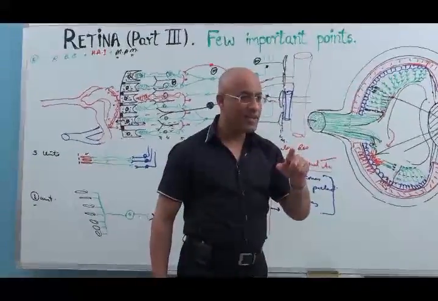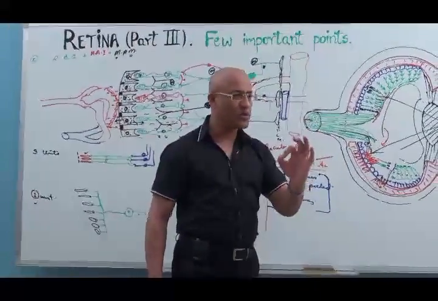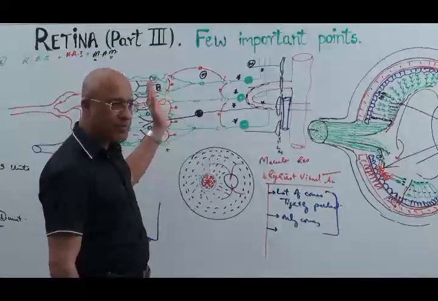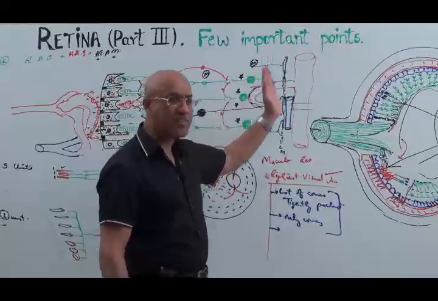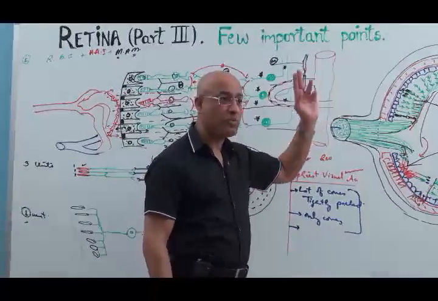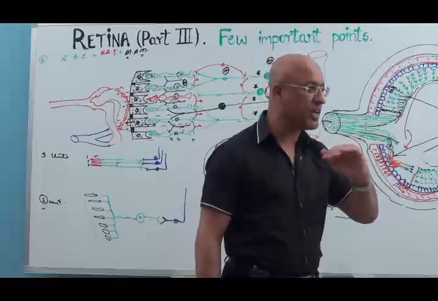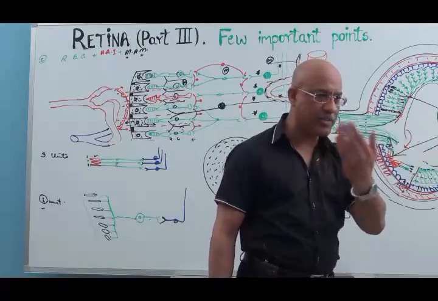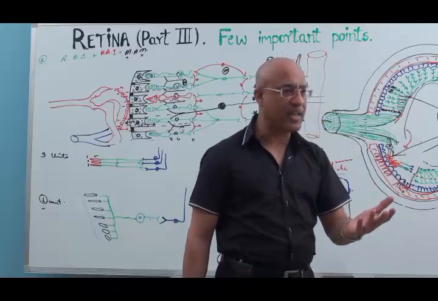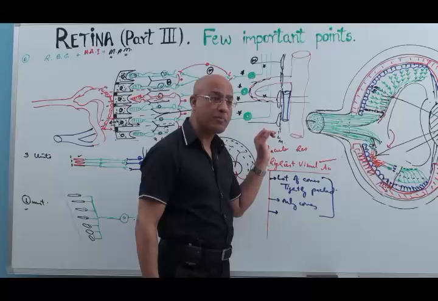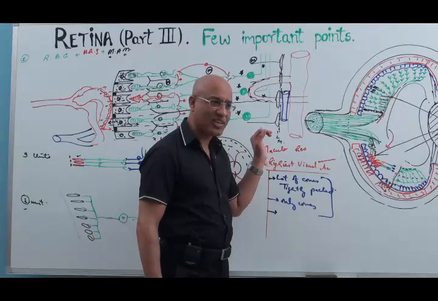Is that clear? So a simple doctor will think ganglion cells are just taking the information from the bipolar cell and passing it to the central nervous system. But now we know two more things. Number one, some of the ganglion cells are sensitive to the optical image when it is moving. But more important than that, some of the ganglion cells also have photopigment for illumination.